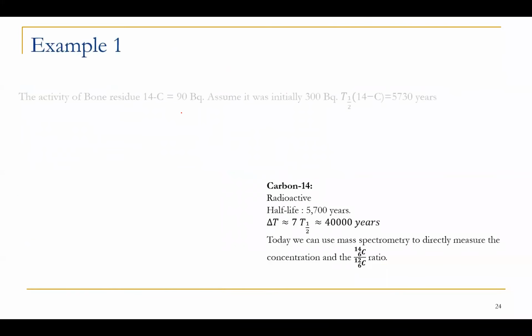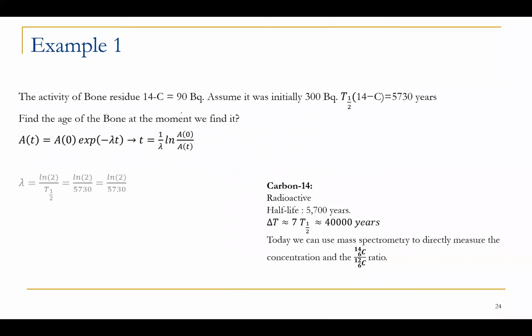Okay, let's say we have a simple example here. I give you the activity of a bone residue, where the activity at a time t equals 90 becquerel.